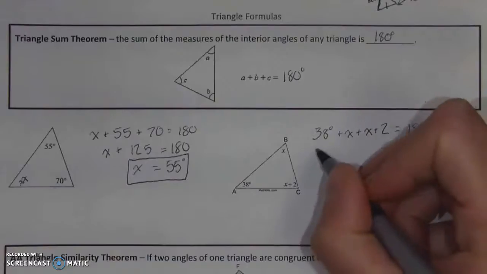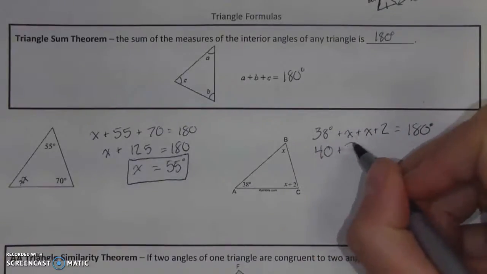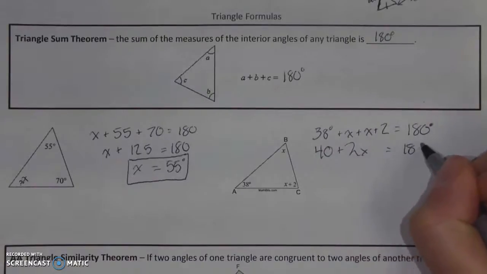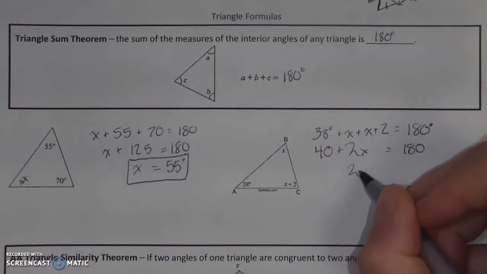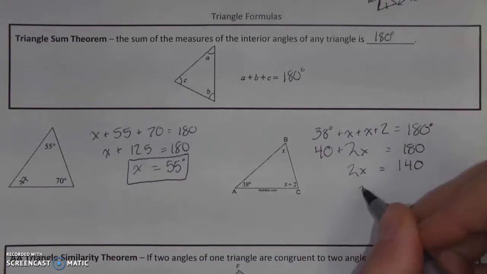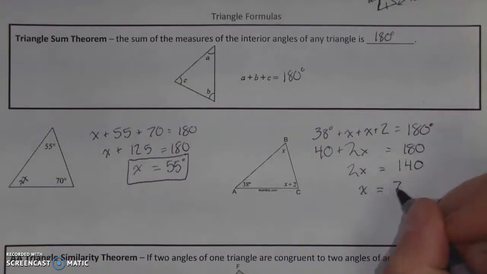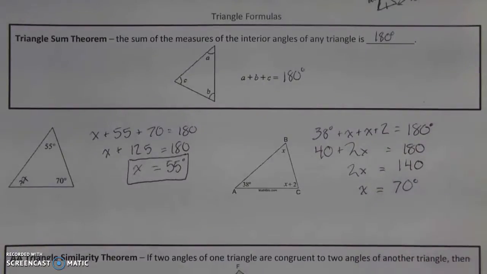Again, I'm going to simplify and solve. 38 plus 2 is 40, and then x plus x is 2x. Subtracting 40 from both sides gives me 2x is equal to 140. And that means that x itself, when you divide by 2 from both sides, is 70 degrees. And you can put that in and double check that when you add them all together, it does equal 180.